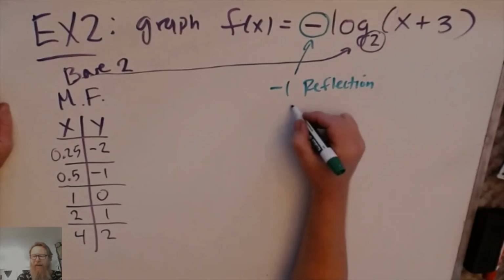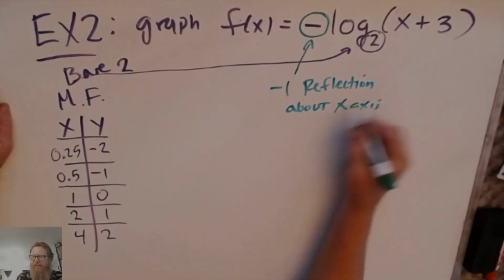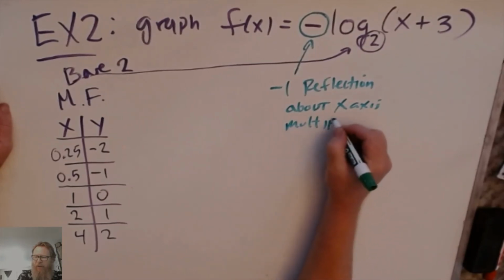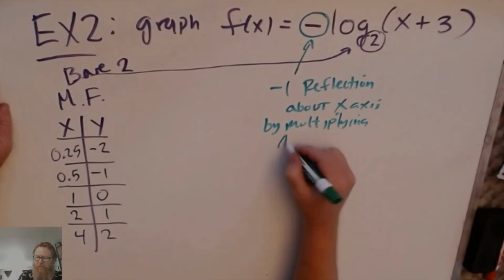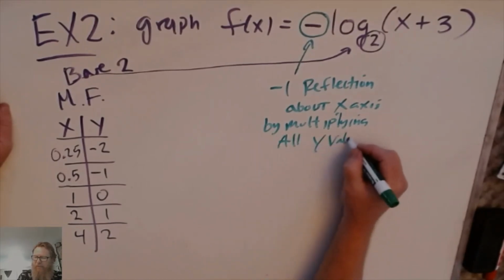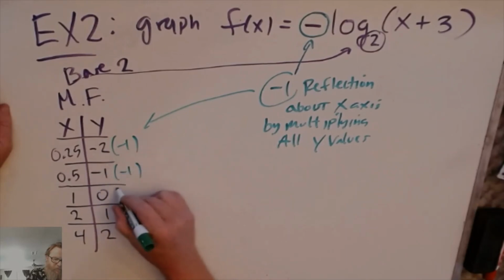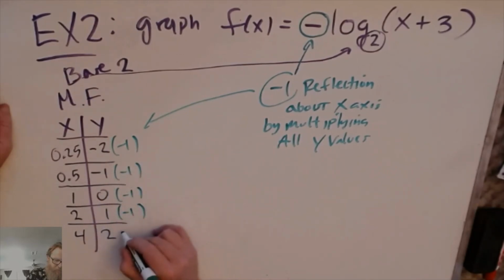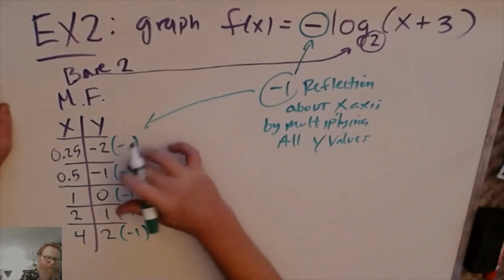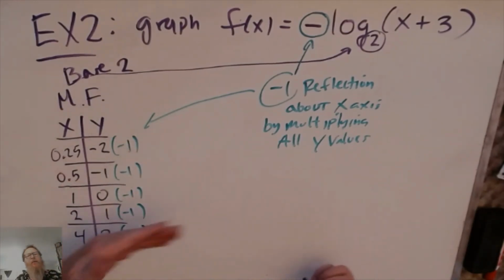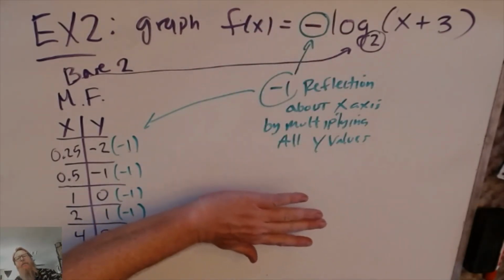It's going to reflect about the x-axis by multiplying all the y values by -1. So it's a reflection, flipping the graph upside down.